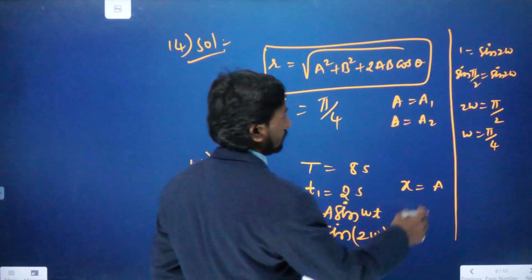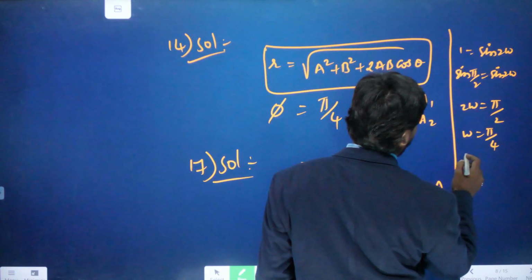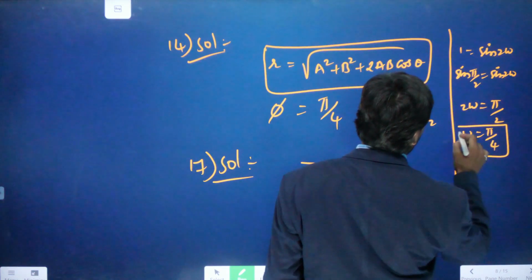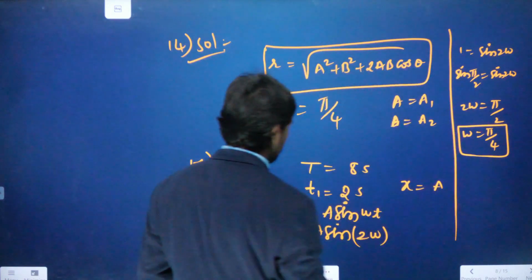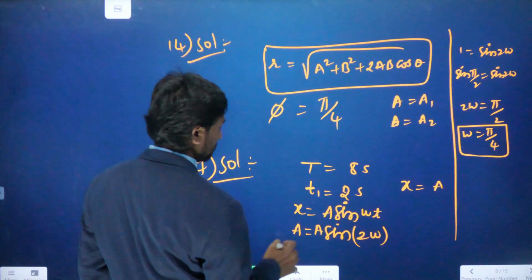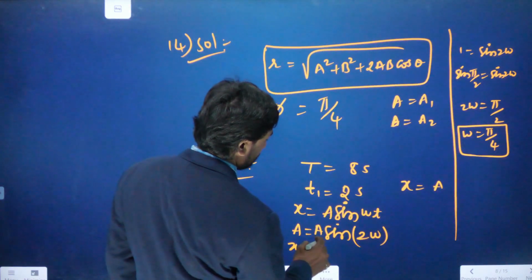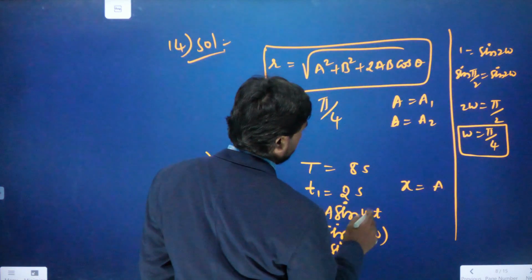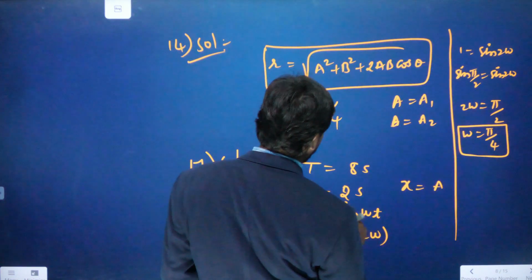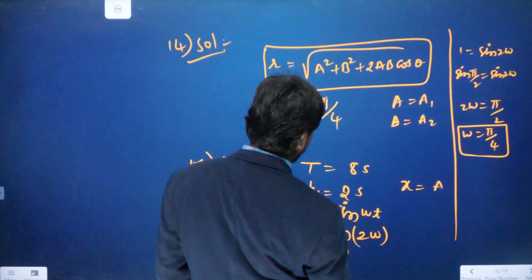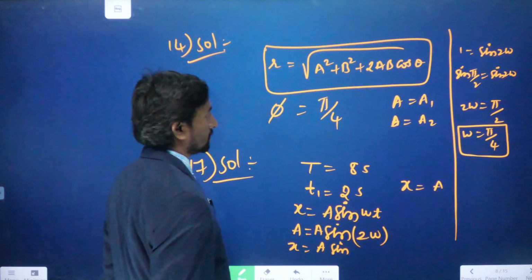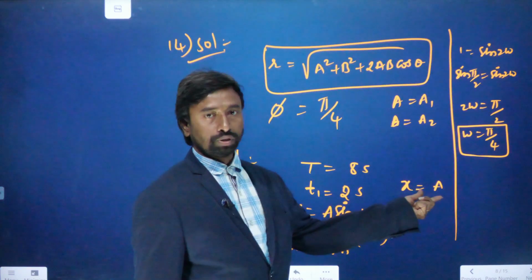Omega is equal to 2 pi by T, and the omega value we got here is pi by 4. Then if you substitute in the equation x equals a sin omega t, with omega as pi by 4 and t as 2 seconds, we get pi by 2. Then x is equal to A, which means we get the extreme position.